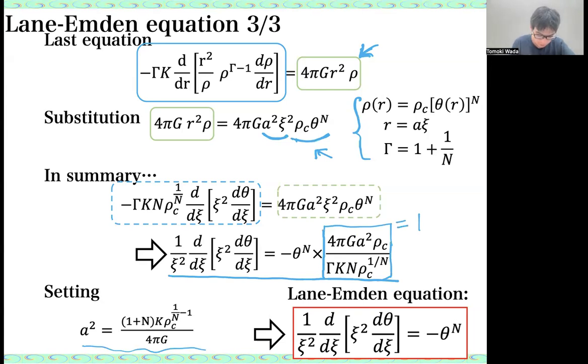And setting A as this expression, we get the Lane-Emden equation. This is a very simple equation. It contains only theta and xi. And this is a kind of ordinary differential equation with one parameter and one variable. So we can solve it numerically.